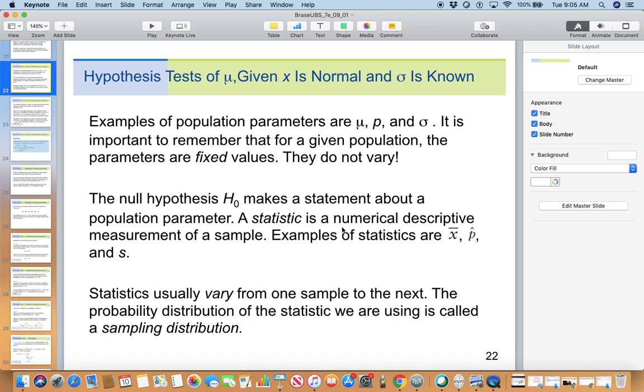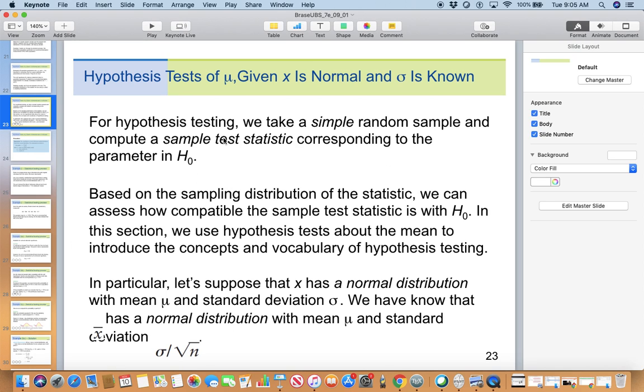A statistic is a numerical descriptive measurement for a sample. Examples of statistics are X bar, p hat, and s. Statistics usually vary from one sample to the next. The probability distribution of the statistic we are using is called a sampling distribution. Okay.